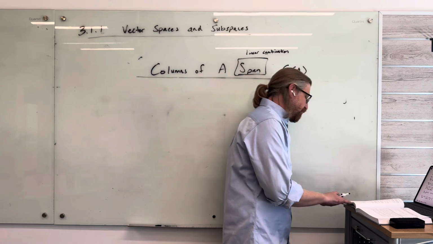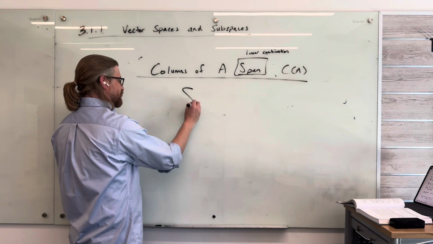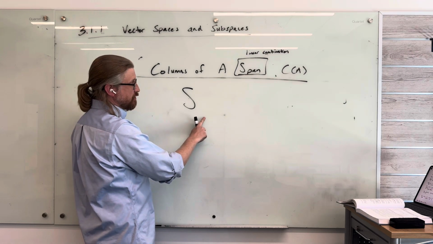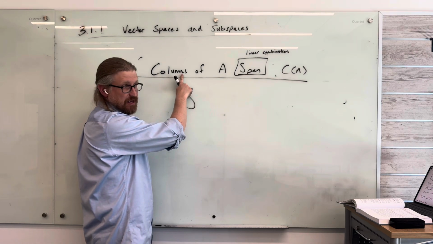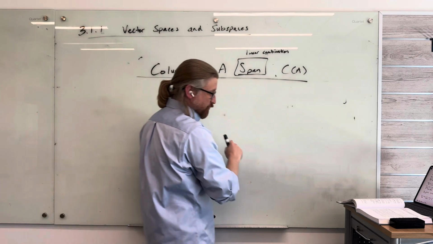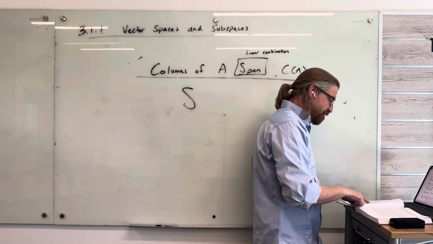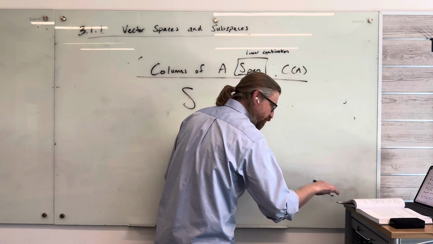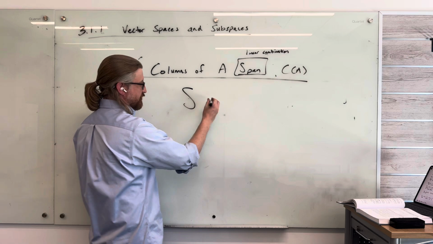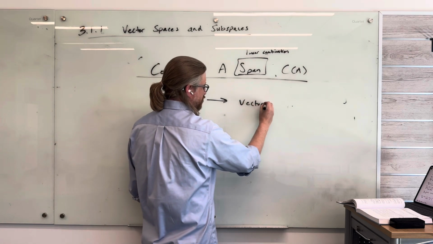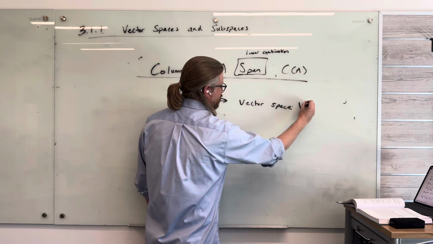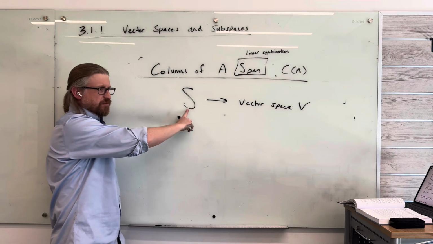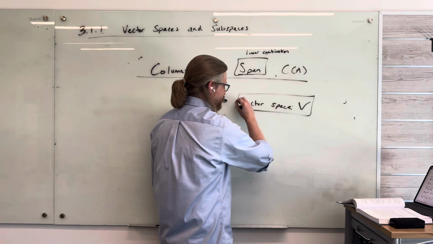But specifically, if we look at all possible combinations and we call that a set S, so this again is the list of every possible vector that we could create by taking the columns of A and doing linear combinations, this would be a subspace of V. Or essentially, we would have a vector space from this. This would create a vector space when we take all of it, V. We say that all of these possible combinations would span this space.